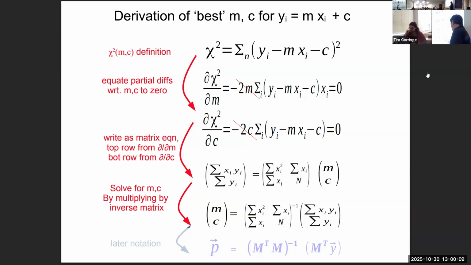So it's functions of the dependent variable and the independent variable and the squares of those, or the products of those variables. So you see the xi's, you see the yi's, you see products of the dependent and independent variables, and you see squares of xi's, and the number of data points here. So this is the solution for the best straight line through the data.